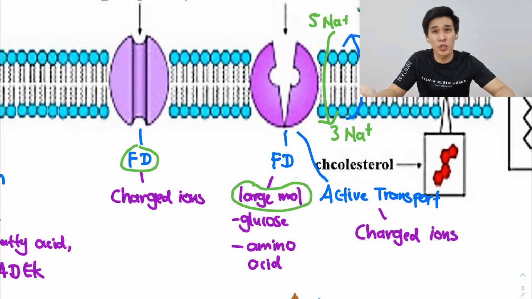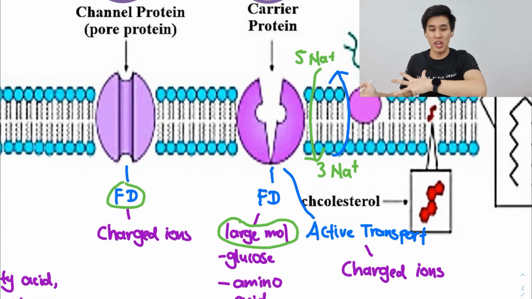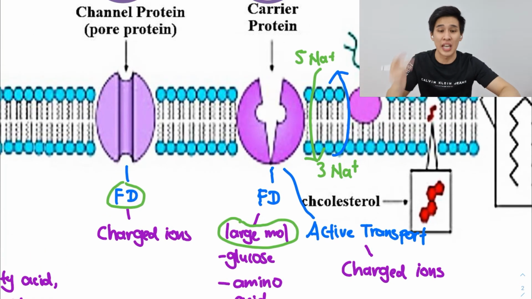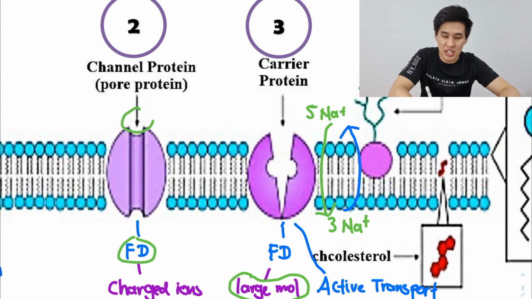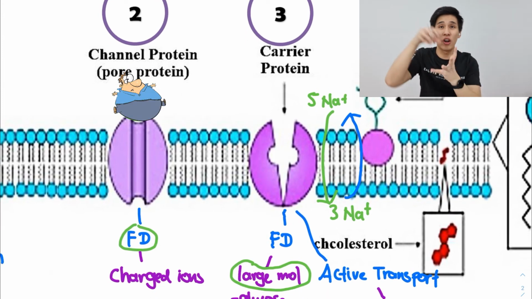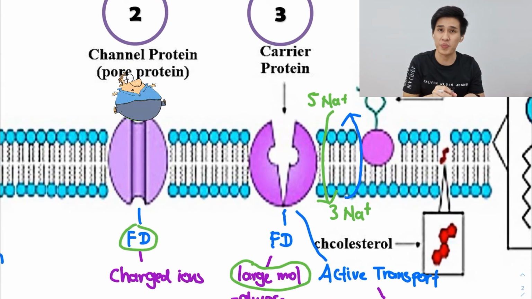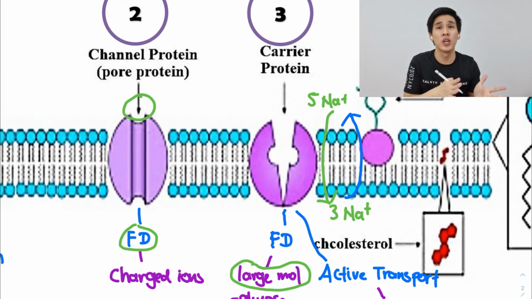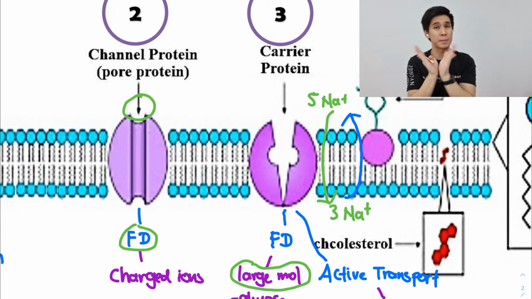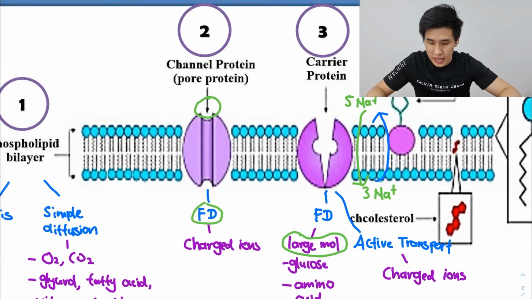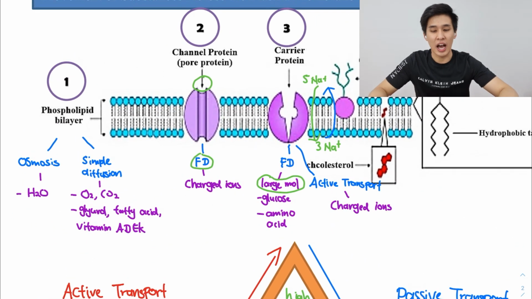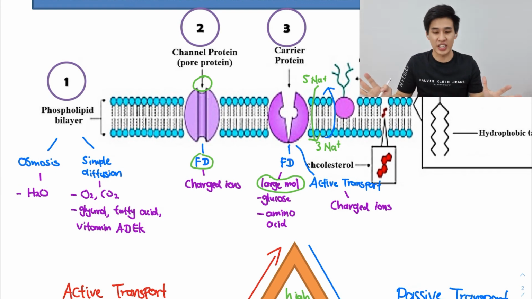Why do these large molecules go through the carrier and not the pore, even though it's facilitated? Because they are large. Remember, the channel size is fixed. This thing cannot fit through. So I have to come to the carrier protein, which can move. That is basically how each of the substances can move through each of the entrances.